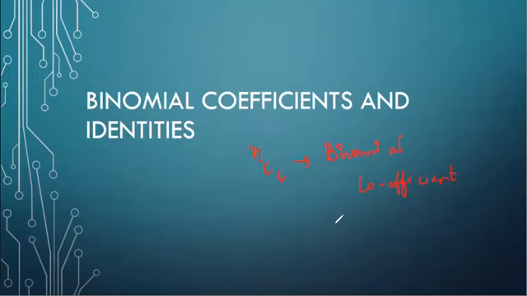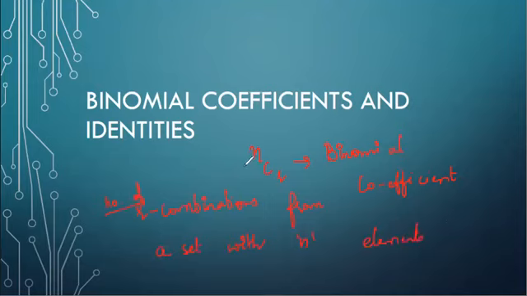The binomial coefficient is basically the number of r-combinations from a set with n elements.